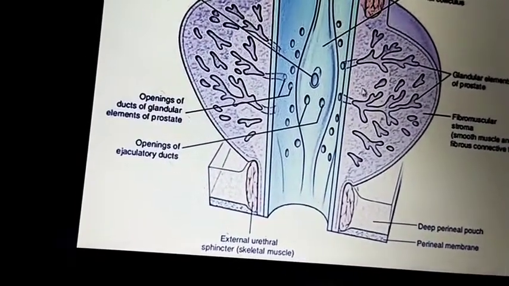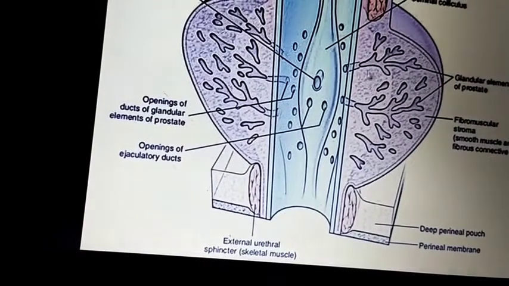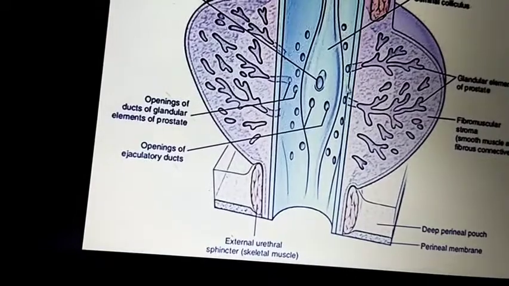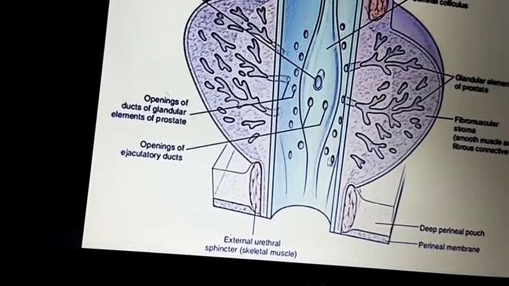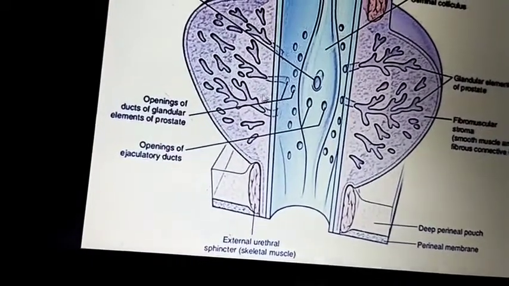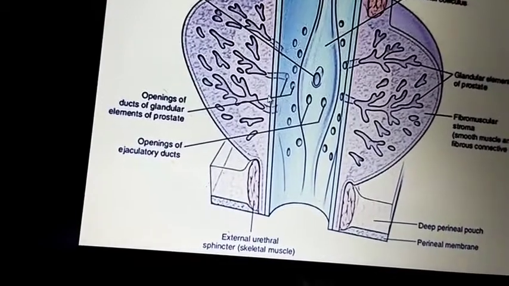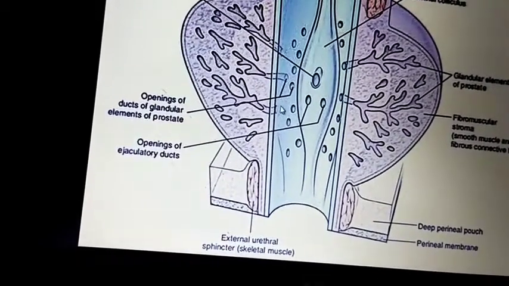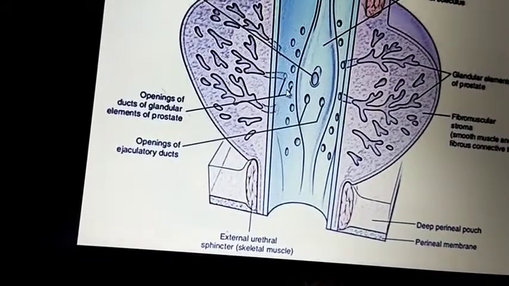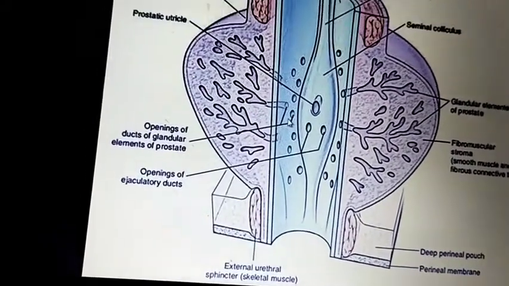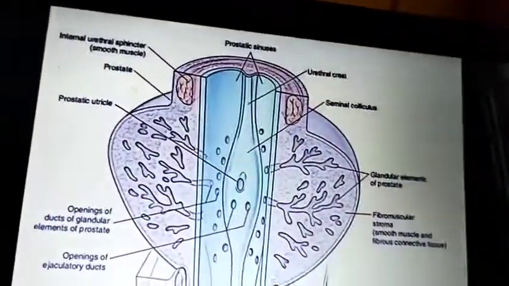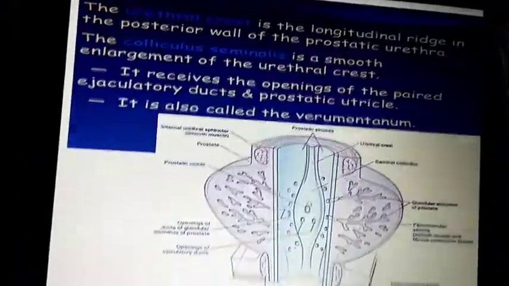The prostatic glands open into the urethral crest or the prostatic urethra, and those openings are the openings of the prostatic sinuses, the ducts of glandular elements of the prostate. This is about the prostatic urethra.